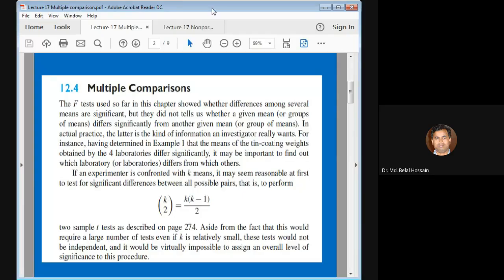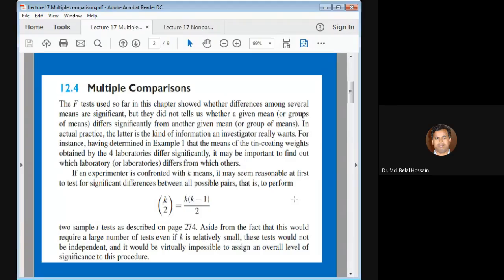So when the ANOVA test shows us a significant different results, statistically significant different results, then we have to do that multiple comparisons, that is, which pair are different.